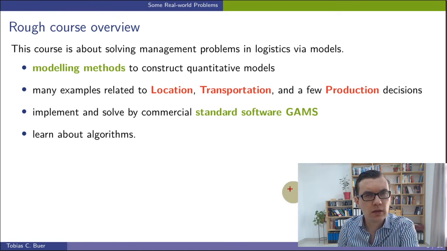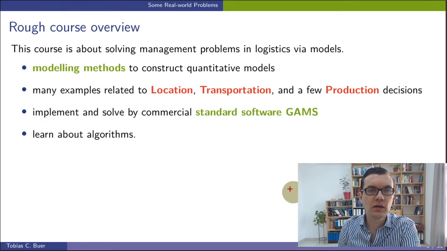What we will do in this course, it is a lab-based course. We will be in the computer lab as well. And you will implement the mathematical models in commercial standard software. What does commercial mean? Why do I emphasize commercial? This is software that is really used by companies to solve these types of problems.